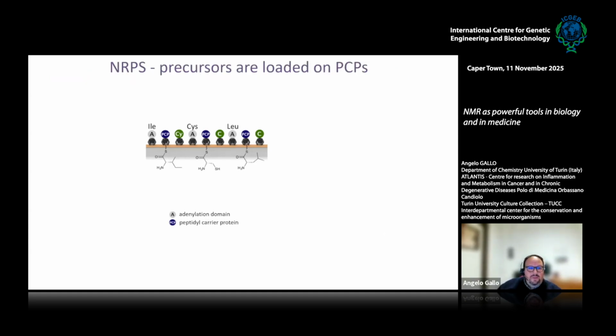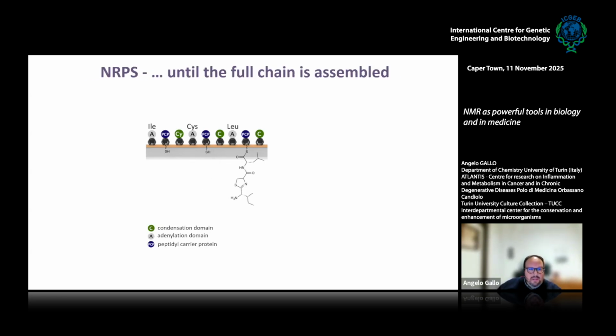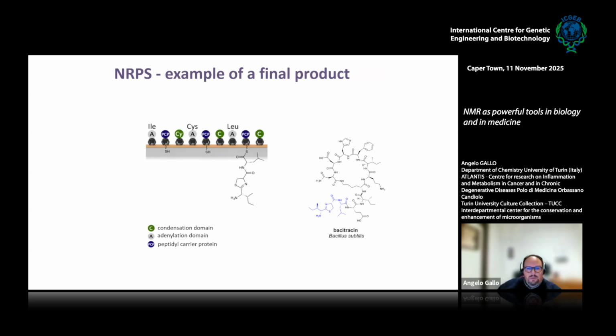Then the adenylation domain is transferring the isoleucine to the carrier protein. Then there is a cyclization, and then there is a transfer, condensation. So in this case, you can see how the system assembles a new compound.